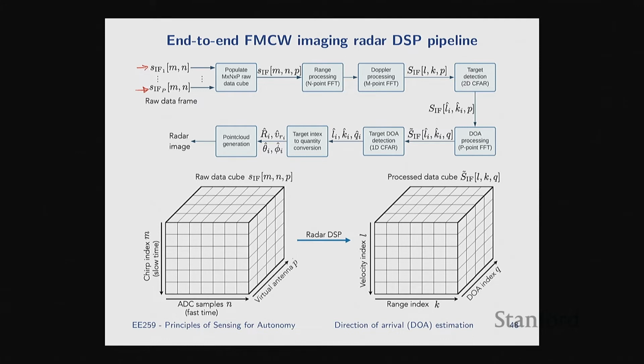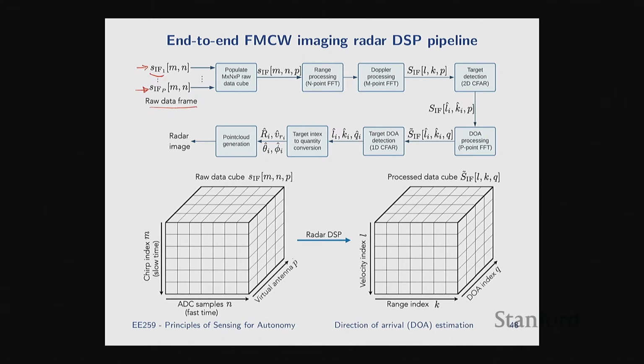Or the other way you can think about it is each of these SIFs is coming from a combination of a transmit antenna and a receive antenna, right? Transmit number one transmitted, receiver number one received. Transmit number one transmitted, receiver number two received. All those combinations you collect together, and that's what we call a raw data frame. So you have three indices.